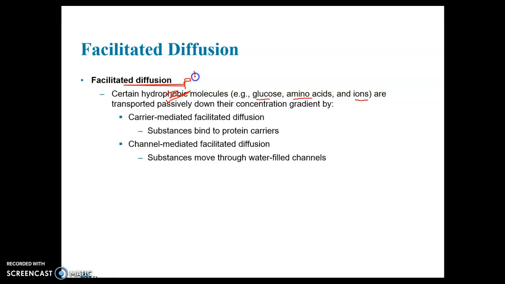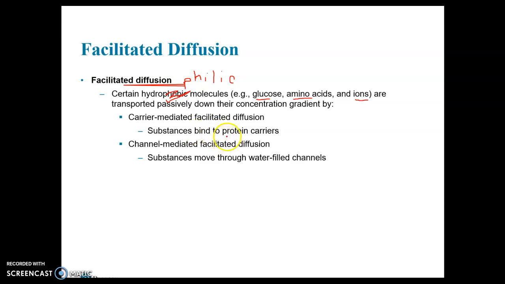Hydrophilic molecules. Glucose, amino acids, and ions are hydrophilic. Well, some amino acids can vary, but glucose and ions definitely are hydrophilic, and they can either travel across the plasma membrane by carrier-mediated facilitated diffusion.